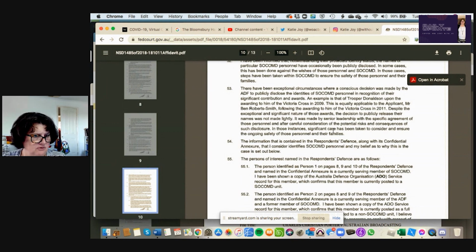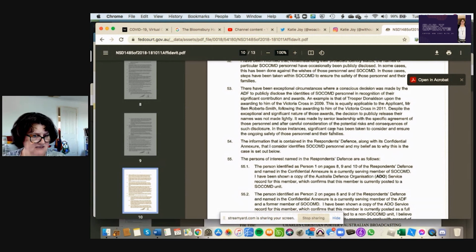An example is that of Trooper Donaldson upon awarding to him the Victoria Cross in 2009. This is equally applicable to the applicant, Mr. Ben Roberts-Smith, following awarding him the Victoria Cross in 2011. Despite the exceptional and significant nature of these awards, the decision to publicly release their names was not made lightly.